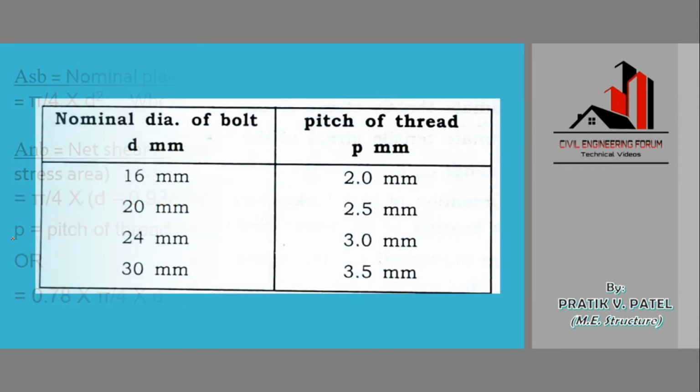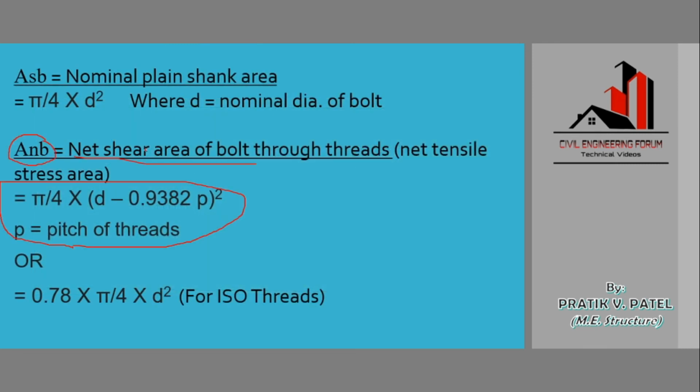It is given in this table and we need to remember this table. If the nominal diameter of the bolt is 16 mm, then the pitch is 2 mm. Again, if it is 20 mm, then the pitch is 2.5 mm, for 24 it's 3, for 30 it is 3.5. Each and every time we would have to make the calculation and enter the value of this p in order to get this ANB.